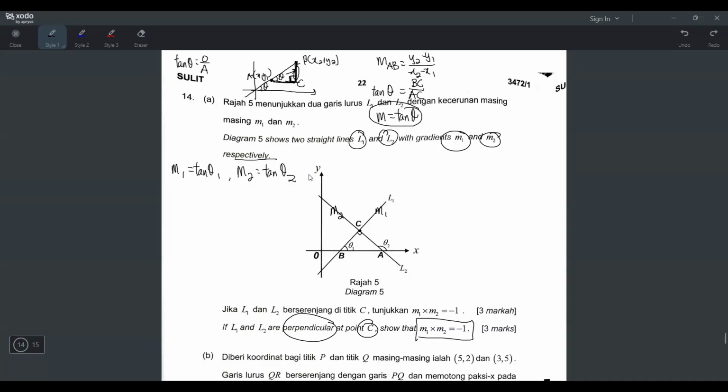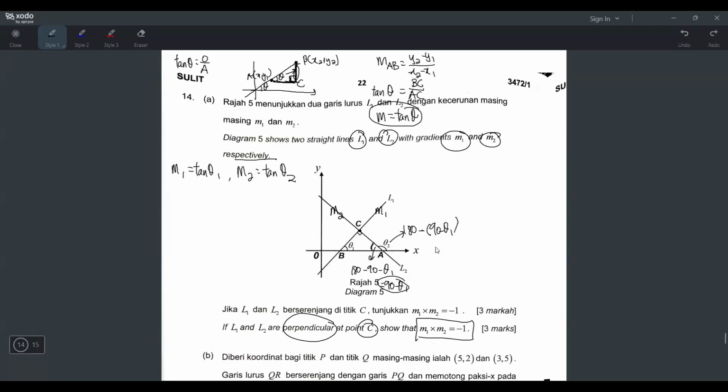Okay, and if you look closely, this angle is actually 180 minus 90 minus theta 1. Do you agree? Because this is a triangle, so 180 minus 90 minus theta 1 gives you 90 minus theta 1. So can you tell me how to get theta 2? This is a straight line, so the total angle will be 180 minus, with bracket, the angle I already found, 90 minus theta 1.